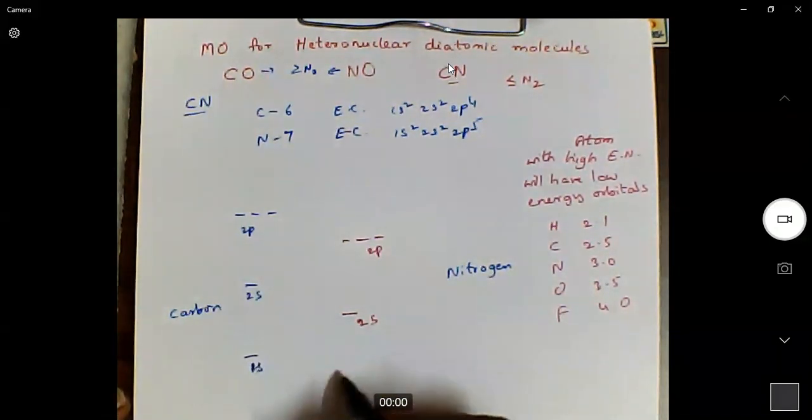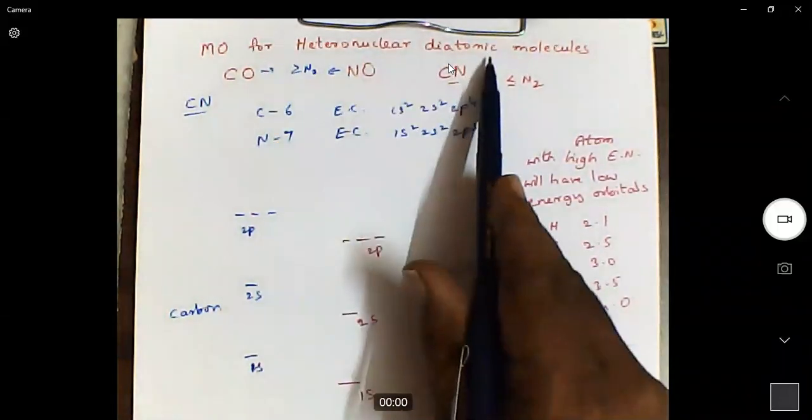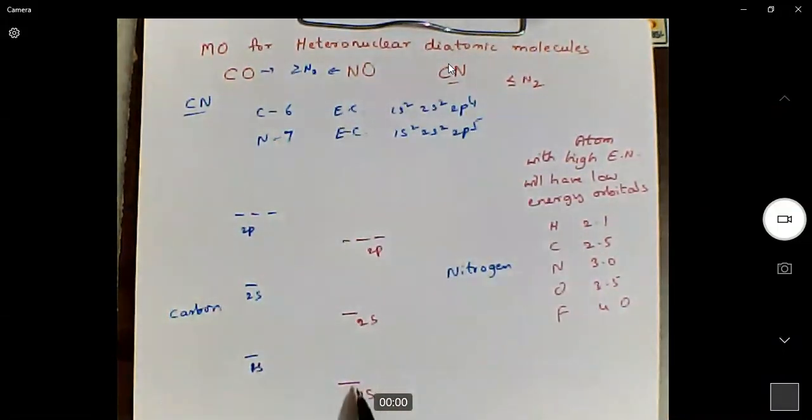The 1s orbital of nitrogen is lower in energy compared to 1s orbital of carbon. So please remember this difference. If it is a heteronuclear diatomic molecule, the atom with higher electronegativity will have lower energy orbitals. The atom with lower electronegativity will have orbitals with high energy.